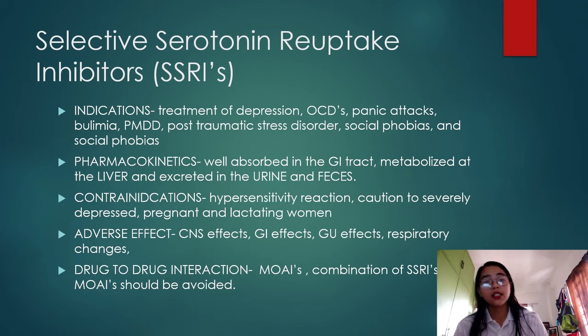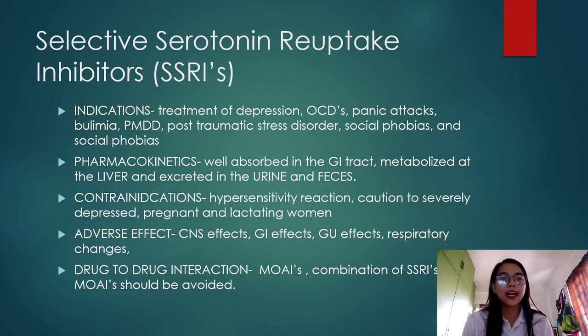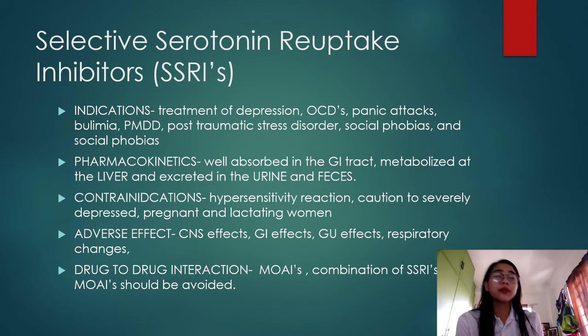first effect is on the central nervous system. So for the adverse effect, there is a CNS effect that includes headache, drowsiness, dizziness, insomnia, anxiety, tremor, agitation, and seizures. For the GI effects or gastrointestinal effects, that includes nausea and vomiting, diarrhea, constipation, and changes in taste may also occur.